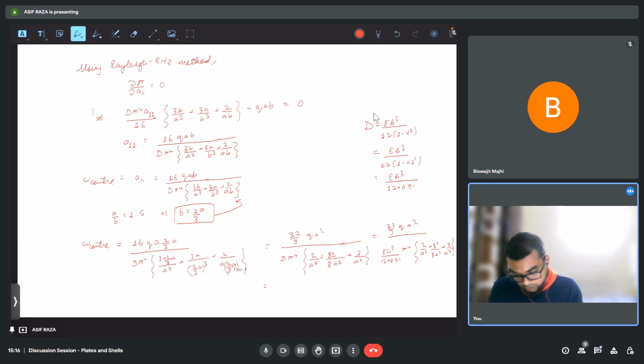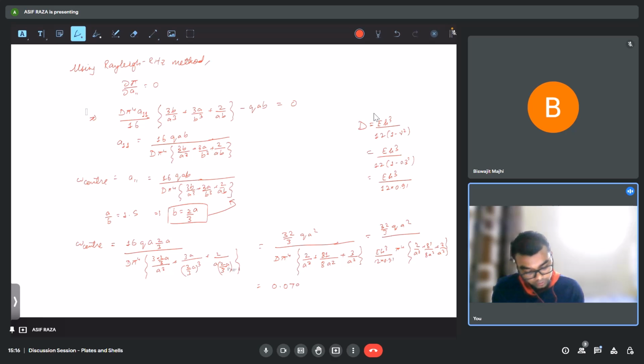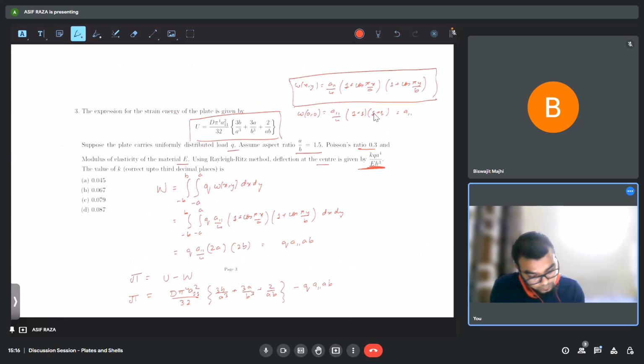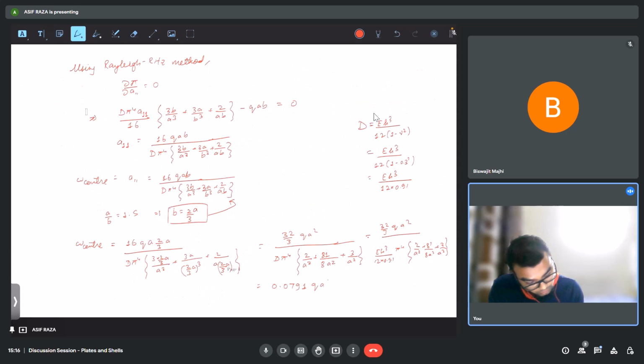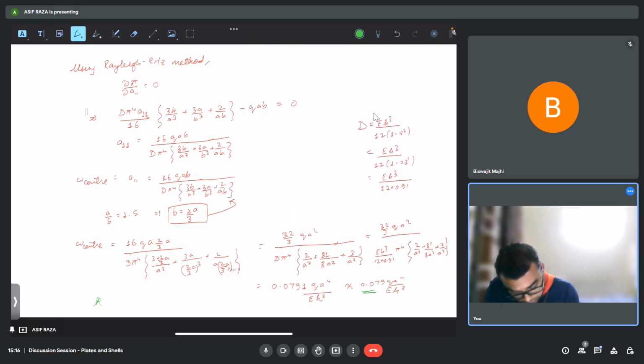So this will come out to 0.0791 QA to the power 4 upon EHQ, which is equal to 0.079 QA4 EHQ. Therefore K equals 0.079.